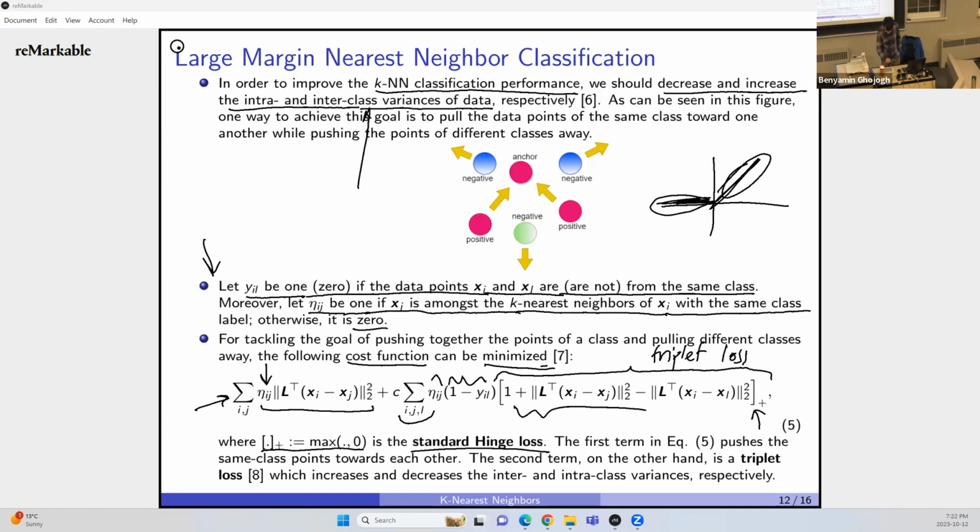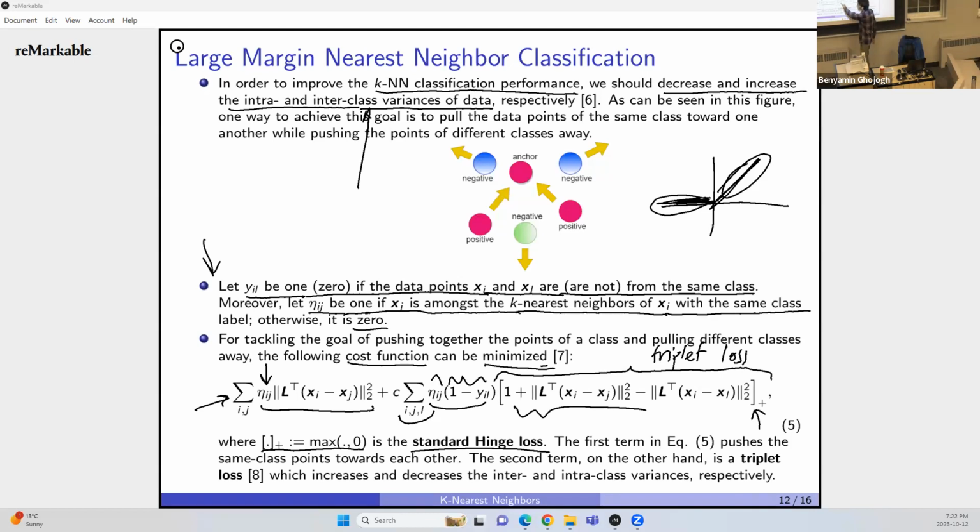So basically this term, I have it again if xj is one of the k-nearest neighbors of xi, and it is from the same class. Okay. What is 1 minus y_il? When is y_il 1? Can you tell me? When xi and xl are from the same class. So 1 minus y_il is 1 when they are from different classes. So basically, these two terms, what are they saying? So I have xi, xj, xl, right?